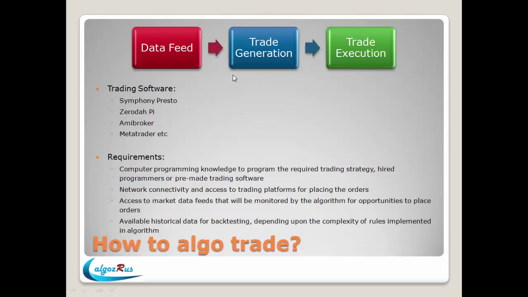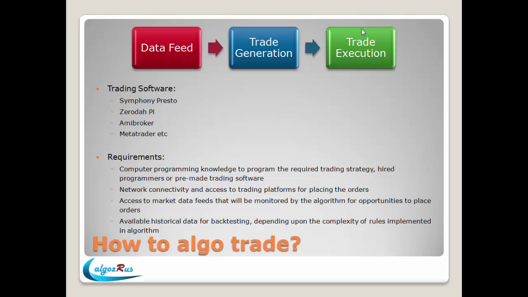Once the data creates a pattern on which a trade needs to be executed, the trade is generated through this software, and then this trade is thrown into another software which is linked to the exchange, so that the trade can be executed in the exchange, be it a long or a short. So this is a broad breakup of the three things required.